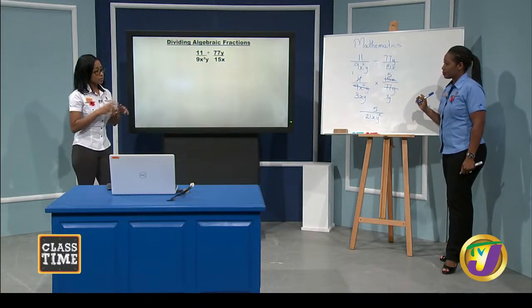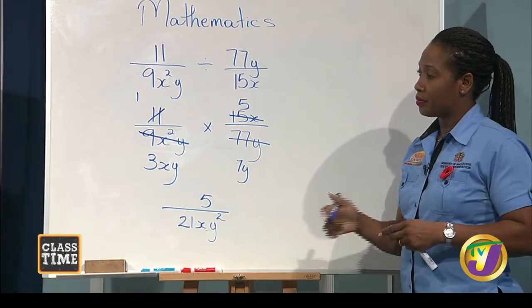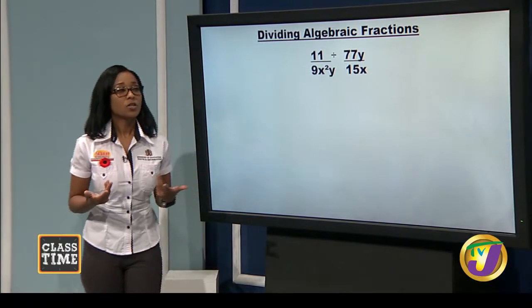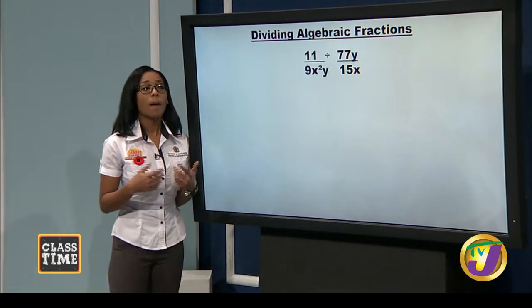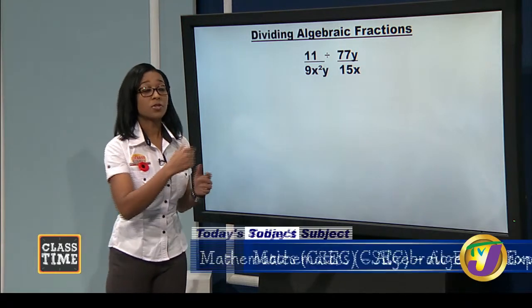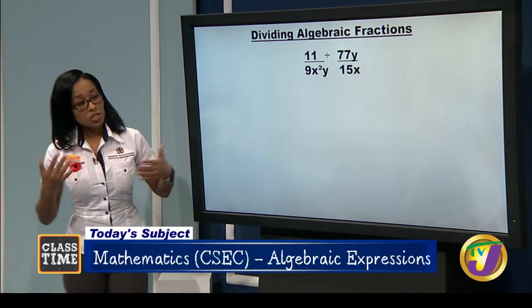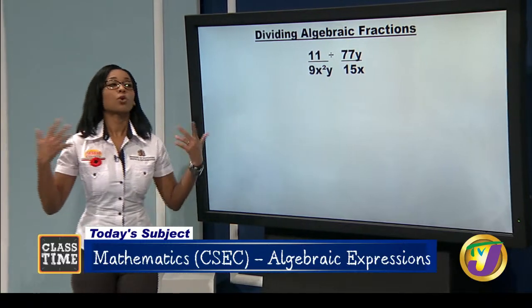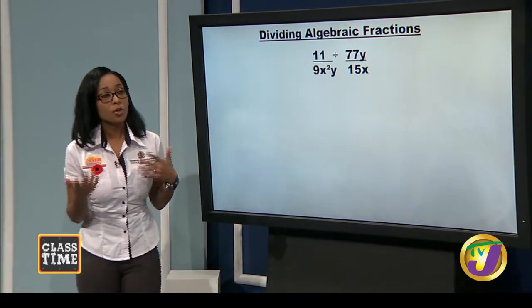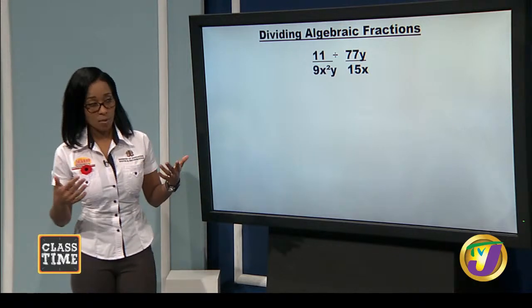So just recapping, doing a little summary then of what Tamika would have just looked at. When dividing algebraic fractions, the first thing that we need to do is multiply by the reciprocal of the divisor, which is the first thing that she did. Then she looked to see if she could find any highest common factor within the numerators and denominators.